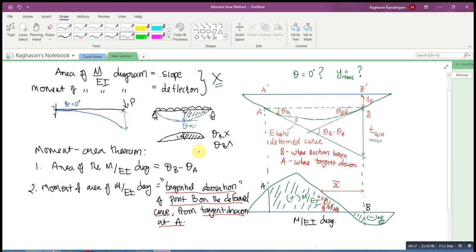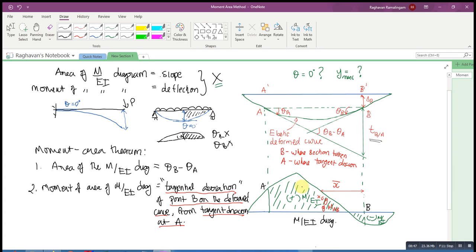Okay, so this is actually given by the moment of this area between A and B taken about point B. You have to take B where the section is taken, and A usually corresponds to where the tangent is drawn. B is where you take the section, which means the place where you want to find the deflection, and A is the location where you have drawn the tangent.